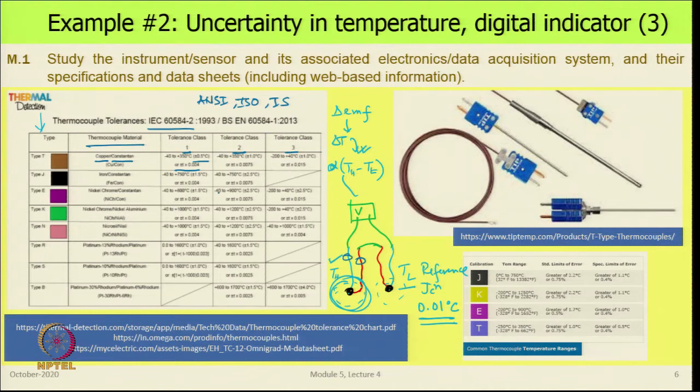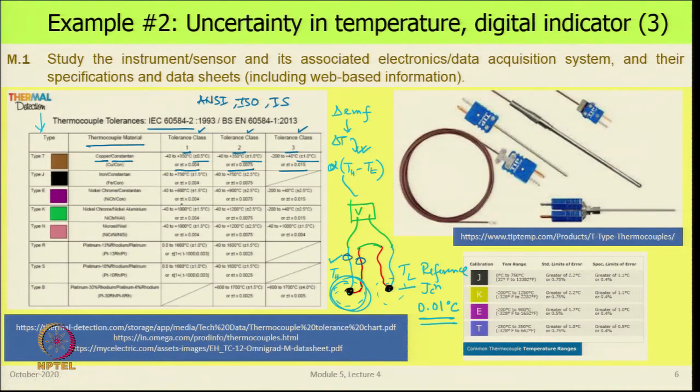For tolerance class 2, for the same range, we have type T, which is good for minus 40 to plus 350 degrees Celsius, plus minus 1 degree Celsius or plus minus the temperature multiplied by 0.0075, whichever is greater, either this or this. And for class 3, it is plus minus 1 or the temperature measured into 0.015, whichever is greater. So, this is the highest accuracy, then less accuracy and the least accuracy.